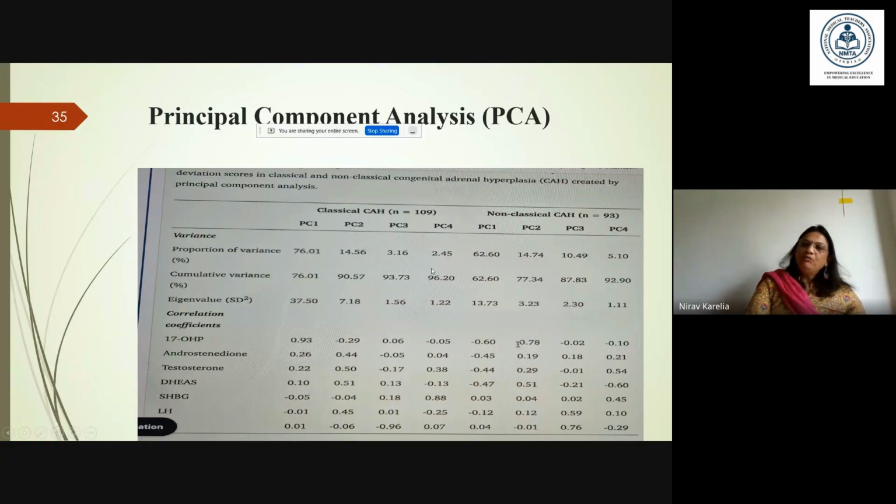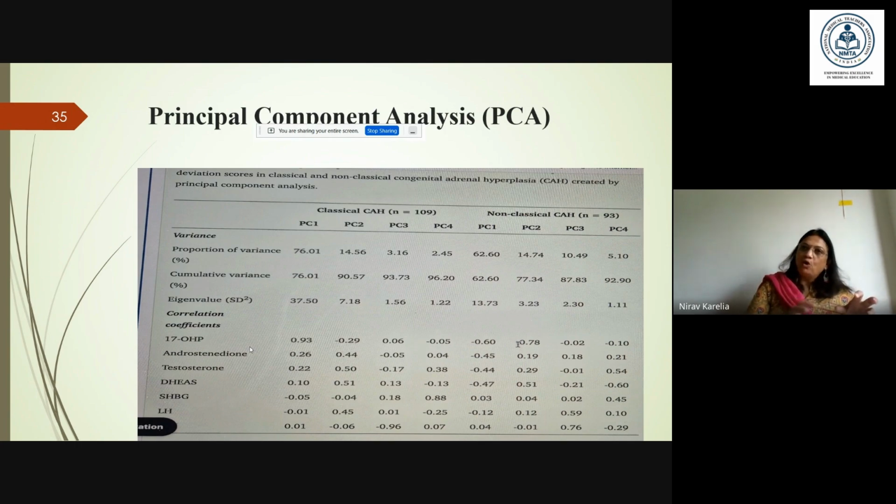Now they want to compare this hormonal assay between the patients who regularly take treatment and those who don't regularly take the treatment. Suppose I am only focusing on the hormonal assay, not considering the clinical parameters.